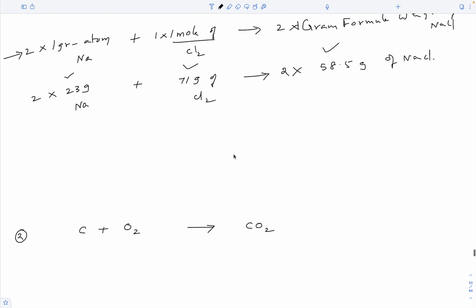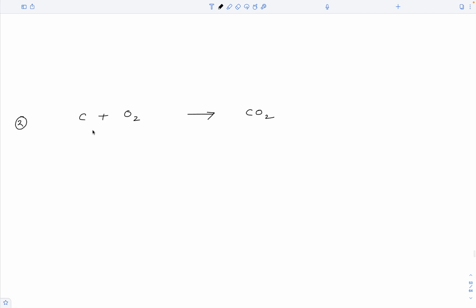Now let us do another example. Let us figure out the weights of carbon and oxygen that completely combine and the weight of carbon dioxide produced in this reaction. First, we have to make sure that the equation is balanced. This equation is balanced. What do we have here? C. This is the symbol of carbon and it represents 1 carbon atom.